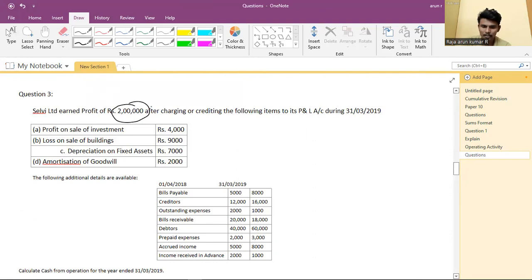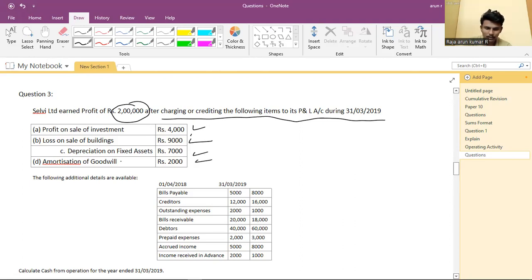After charging to the credit of the profit and loss account, 13/3/2019: profit on sale of fixed assets, loss on sale of buildings, depreciation on fixed assets, amortization of goodwill.